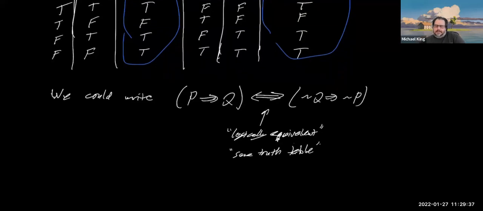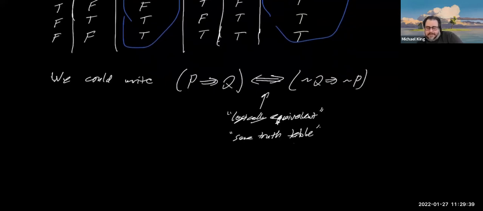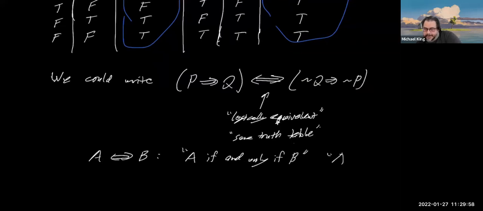Okay, that makes sense. It also means, using A and B as different letters, we say A if and only if B. Just some language things. A lot of times we write IFF for if and only if.